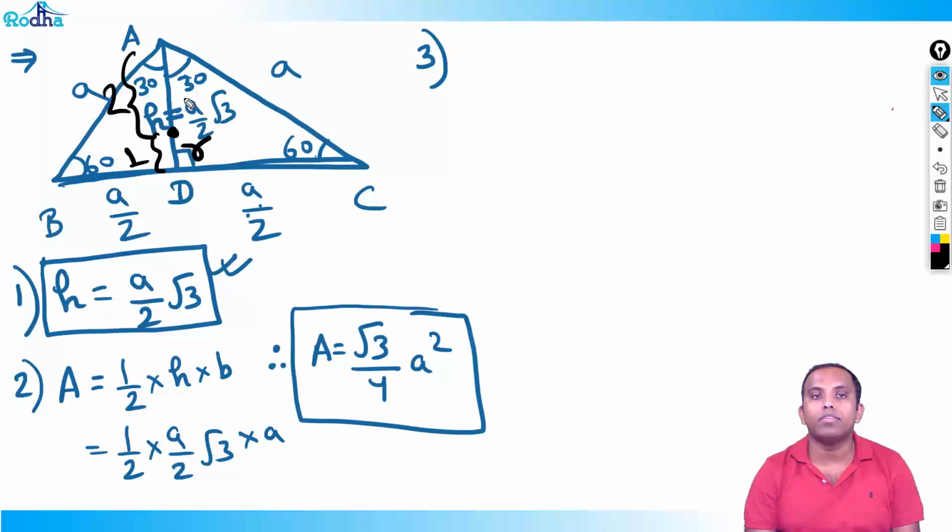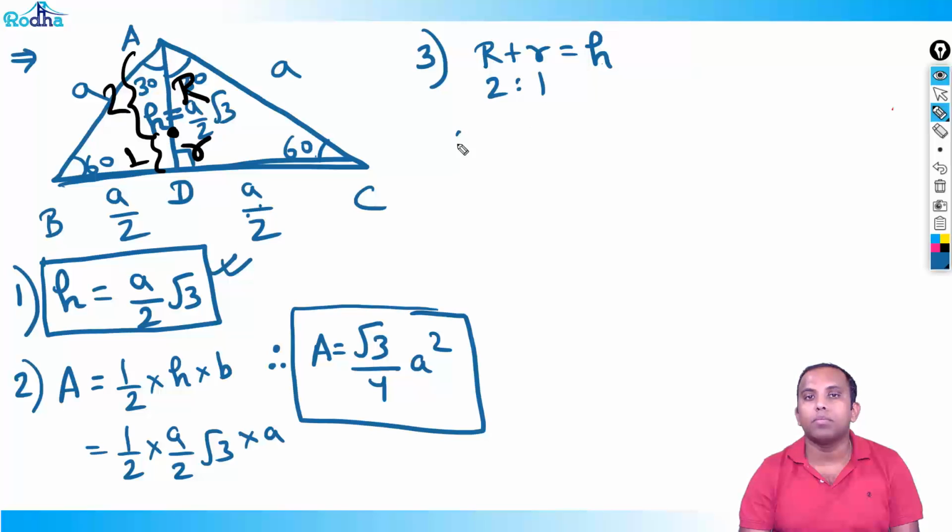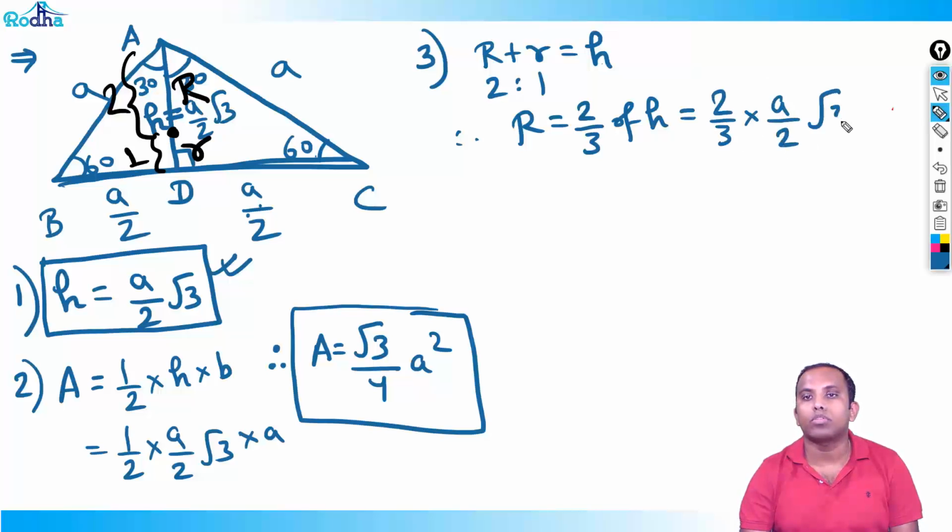It is 1 is inradius, this 2 is circumradius, capital R. So this R plus r is the height of the equilateral triangle, and this height is divided in the ratio of 2:1. That means circumradius is 2 by 3 of height. That means 2 by 3 into what is height? A by 2 root 3. So 2 will get cancelled, and it becomes a by root 3.